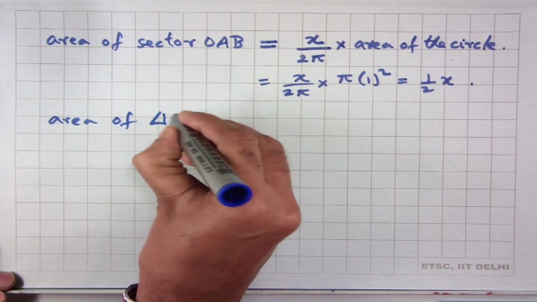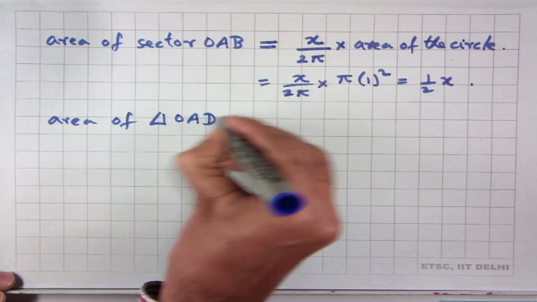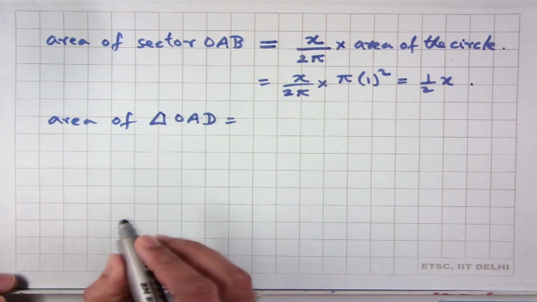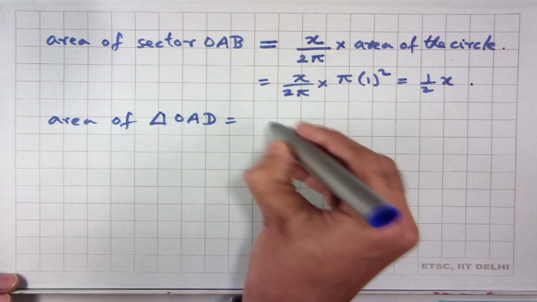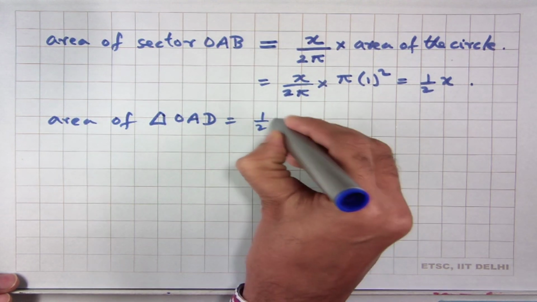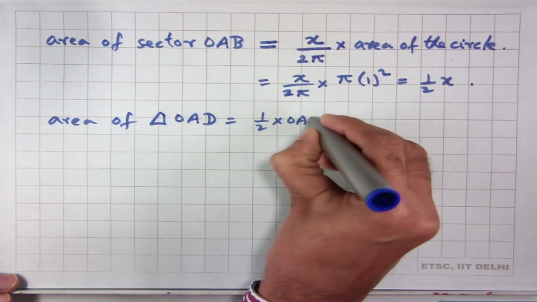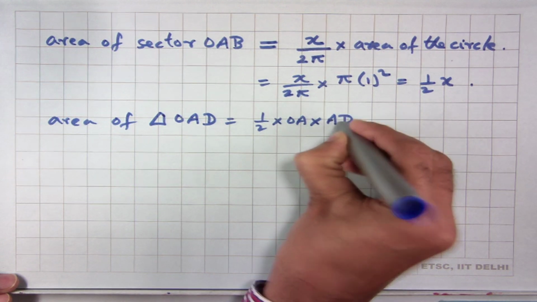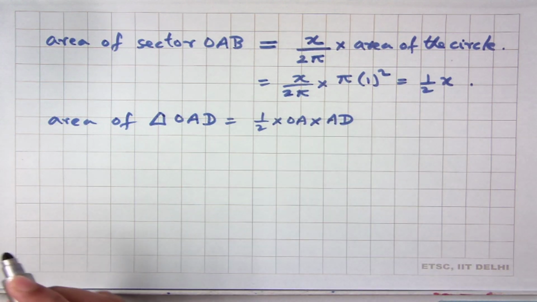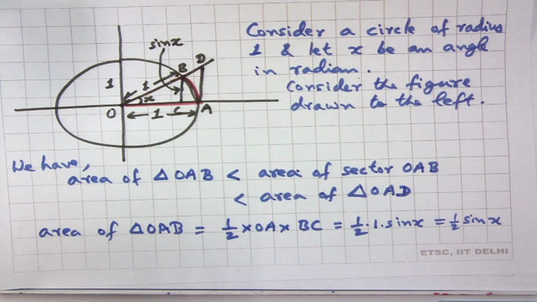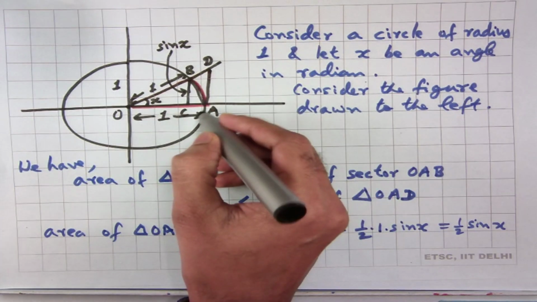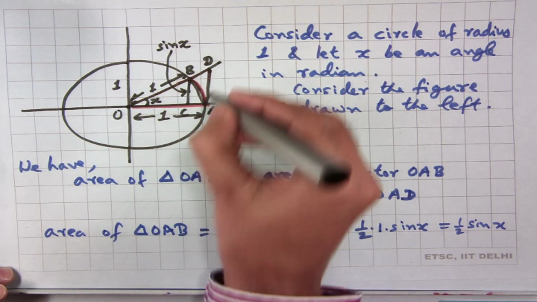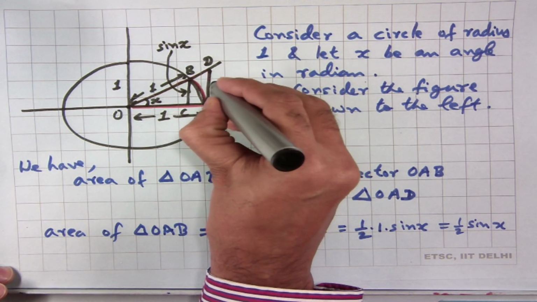triangle OAD. So, this is again a right angle triangle, and the area is half times OA times AD. Let me show the picture again. So, the triangle OAD, the area is half times OA times AD. What is the length of AD?